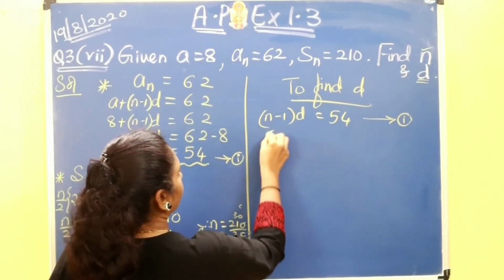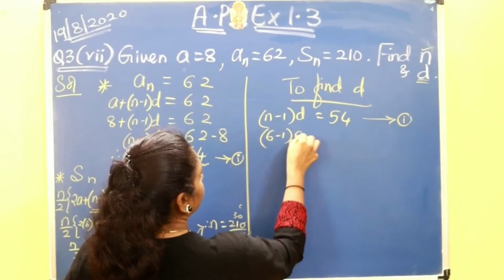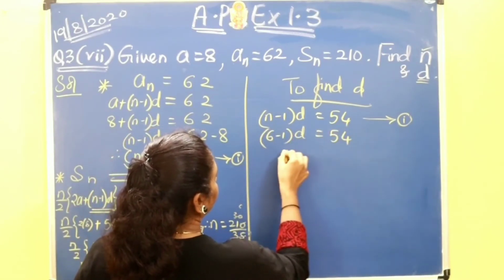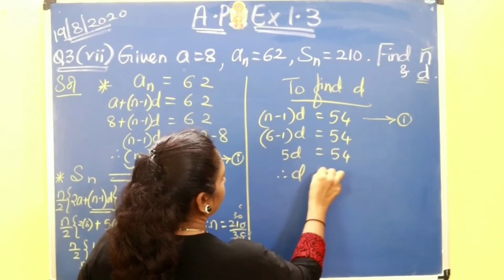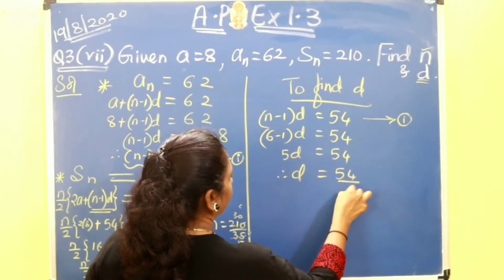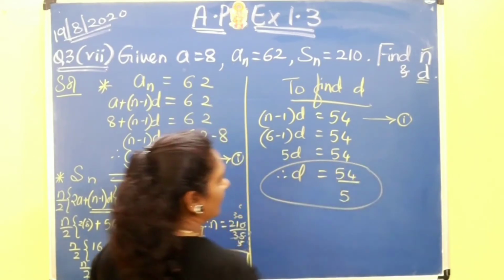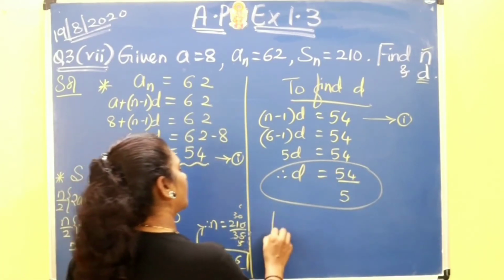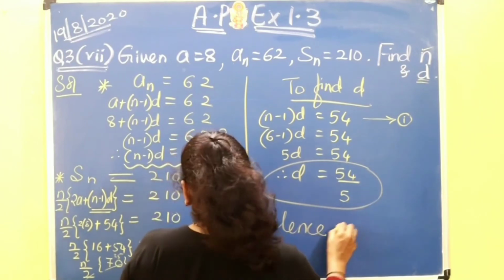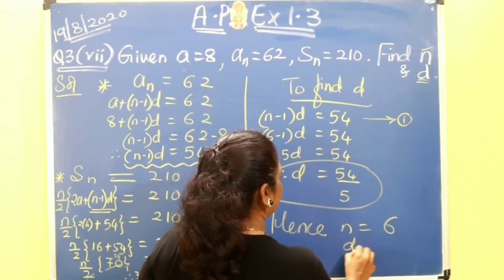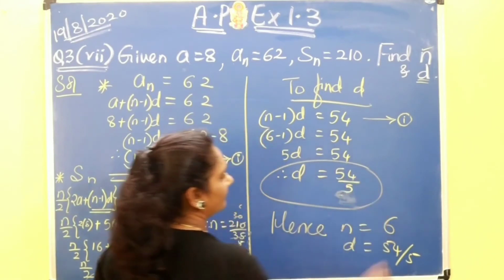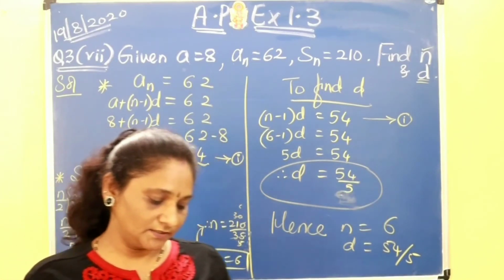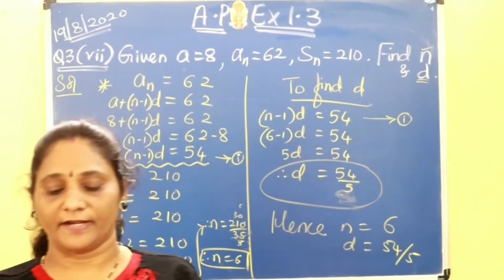So n you got 6. 6 minus 1 into d is equal to 54. 5d is equal to 54. Therefore, d is equal to 54 by 5. Hence, n is equal to 6, d is equal to 54 by 5. These are the two things which you were supposed to find out.